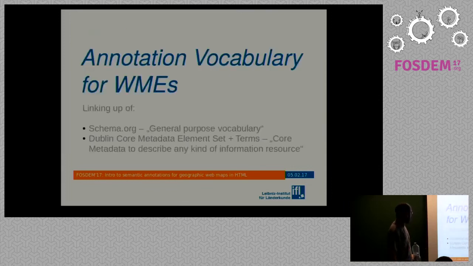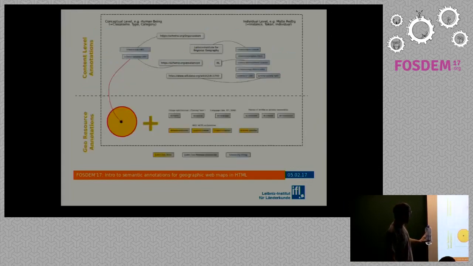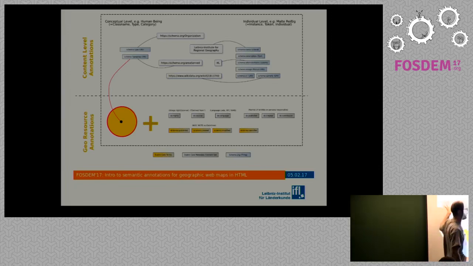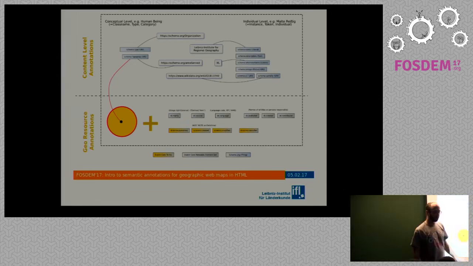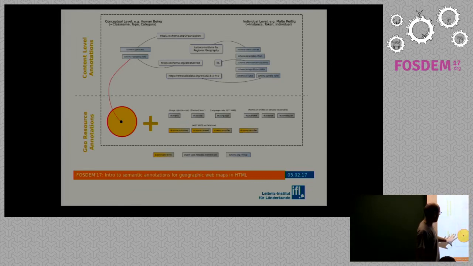So I will shortly present the vocabulary I used. This is basically the schema.org vocabulary to describe a web map element. And this is a relation I explained in the beginning, like in which relation does this content stand to the geographic data. And this is basically the annotation for the geographic data. And this is all schema vocabulary, and this is all Dublin Core vocabulary.